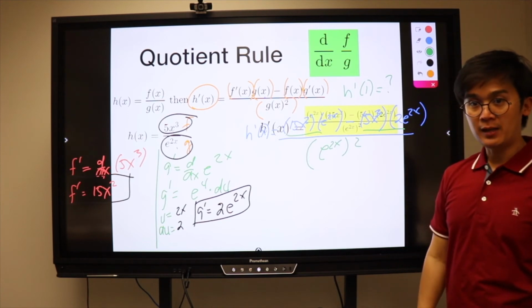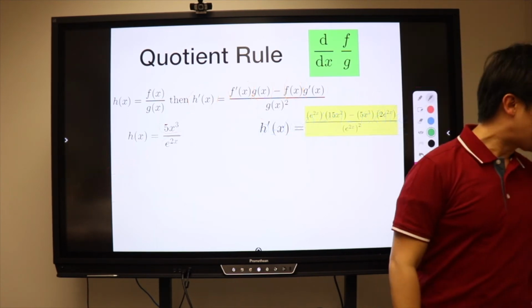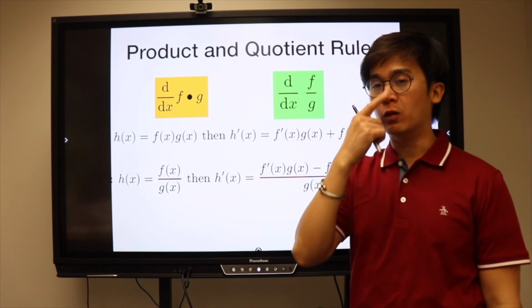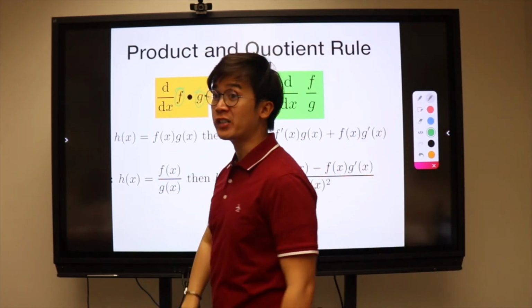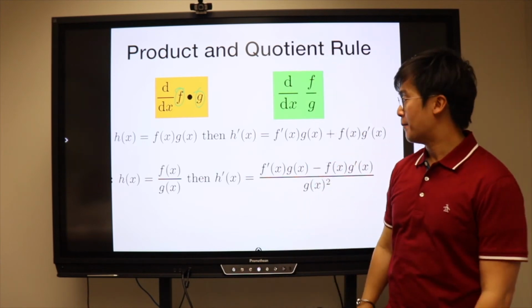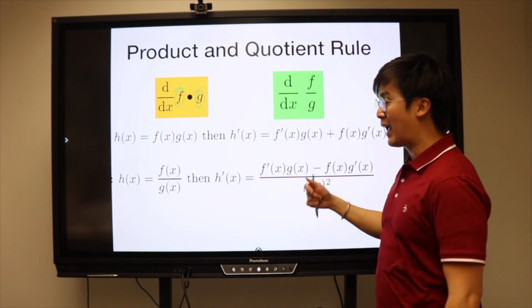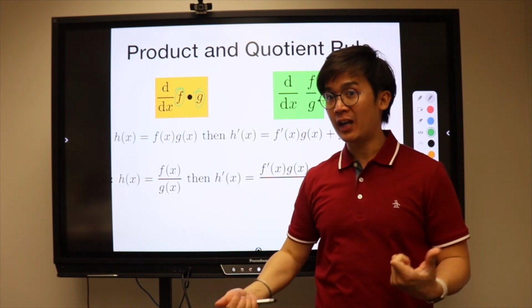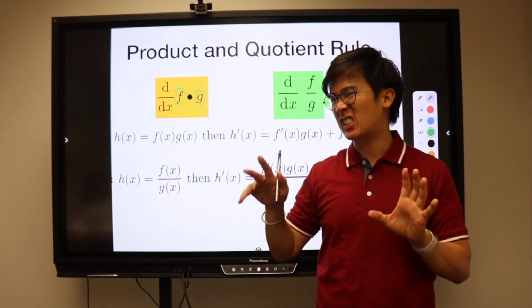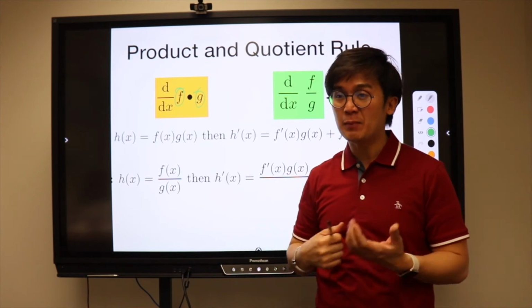Okay? Right. Recap. The product and the quotient rule can be used if you can identify your functions, f and g. So this will be your formula. And again, at the beginning of learning all these formulas, it's awkward, it's strange, and it's a little bit challenging.